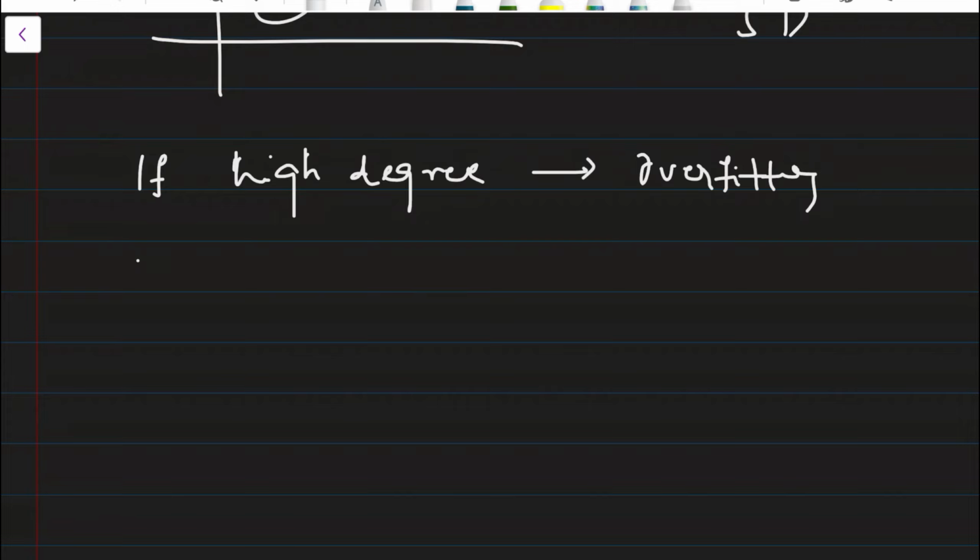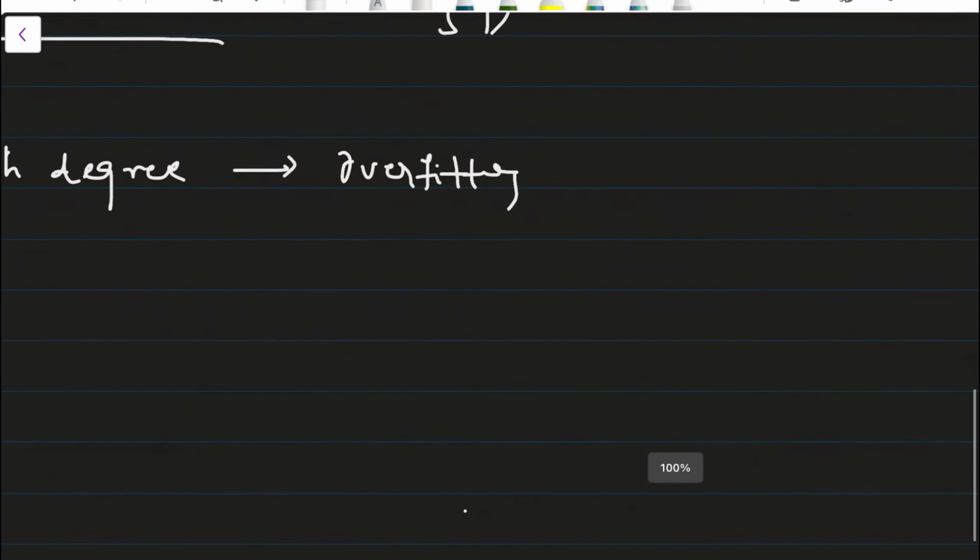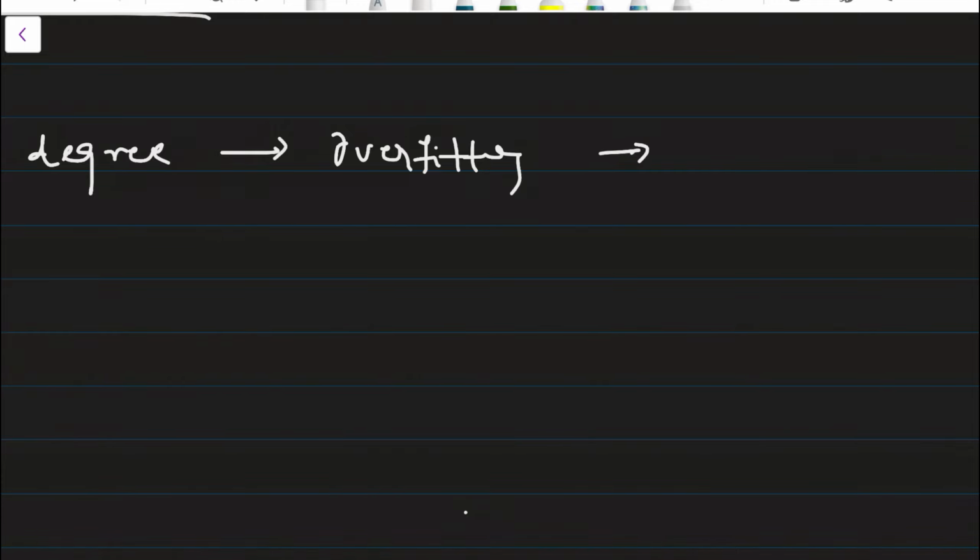We'll discuss overfitting and underfitting in the next video. As a brief example, overfitting means it works well on training data but does not work on testing data.